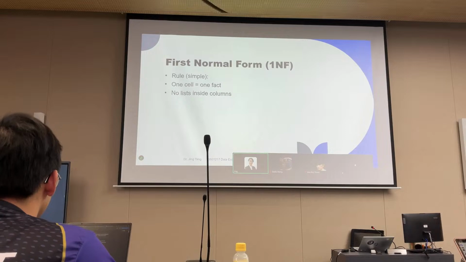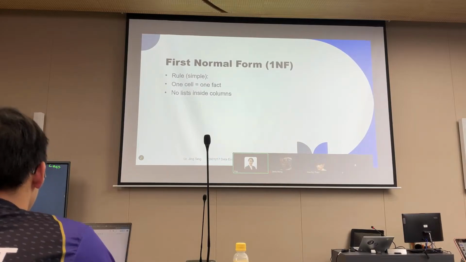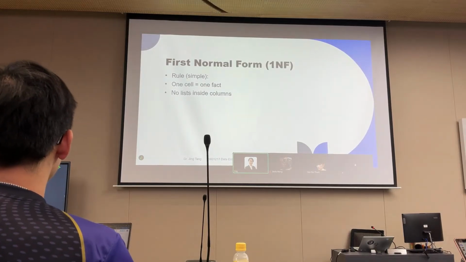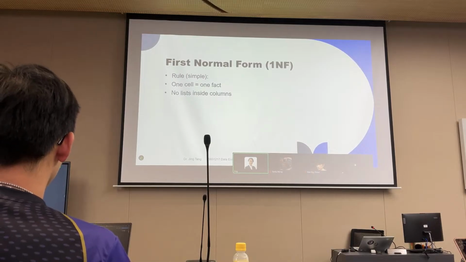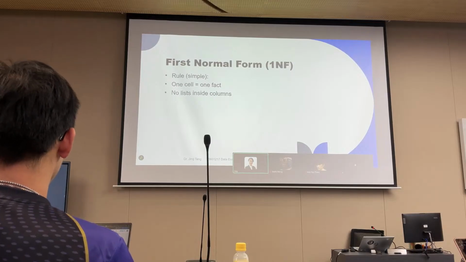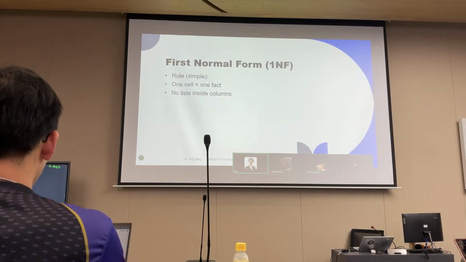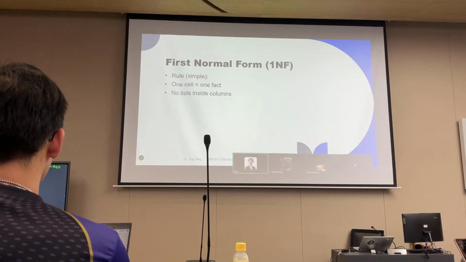There are higher and higher levels, but we stop here because you have to balance your storage, I mean duplication. They try to reduce duplication one by one, but on the other side they increase the time, because when you search, you separate the table into small pieces of information, so every time you need to join. So you will have a time problem.